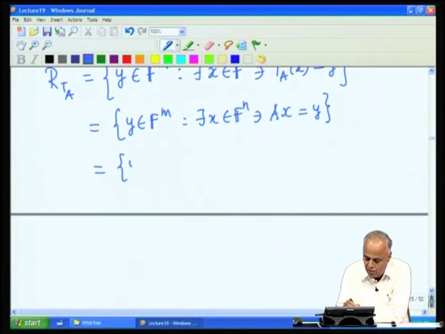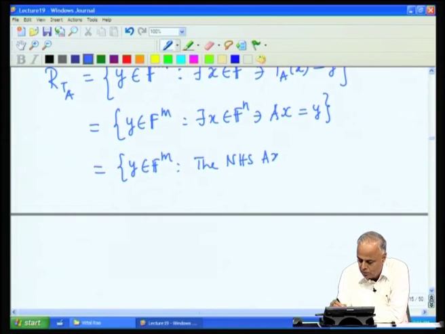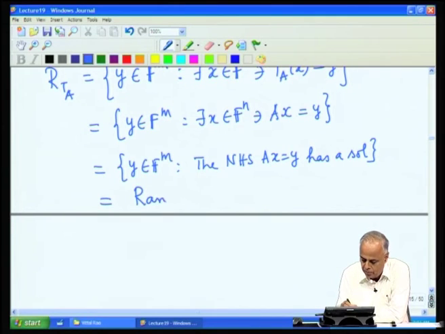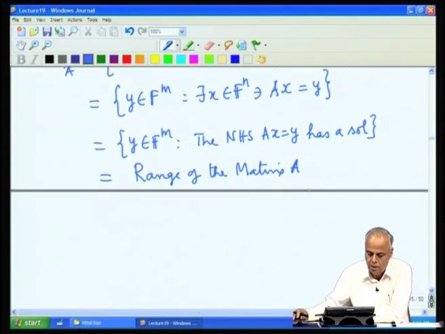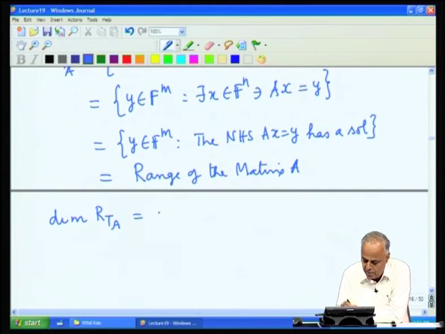So, this is the set of all y in Fm such that the non-homogeneous system Ax equal to y has a solution, and this is what we call the range of the matrix A. And the dimension of this is called the rank of A. So, the dimension of R(T_A) is the same as the dimension of range A, and is called the rank of A.